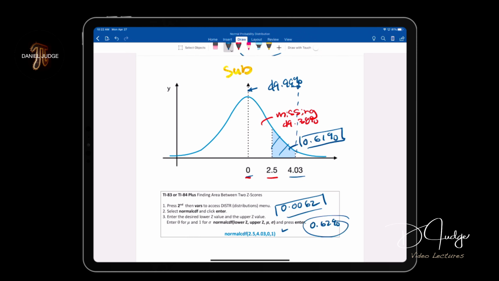So this is how we use the TI calculators, ladies and gentlemen. You can use either the TI, or the calculators that you have, and you could deduce this using the table. What we did last time is what we're doing today.